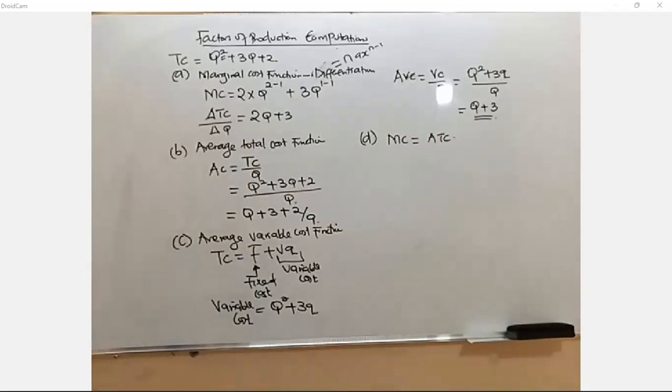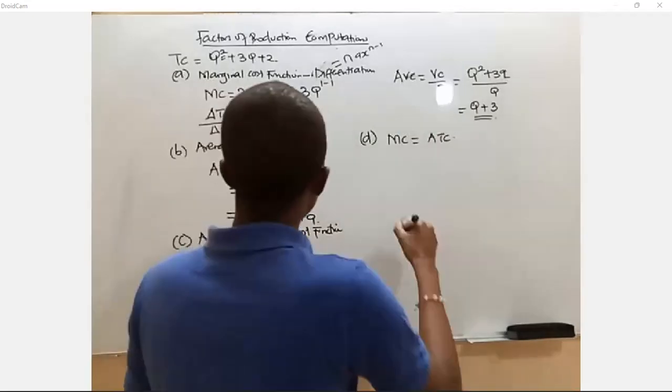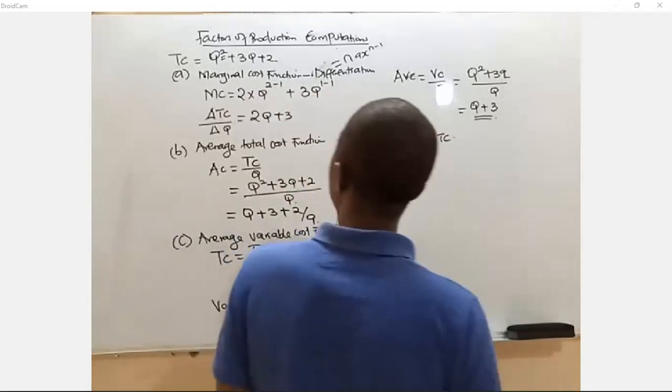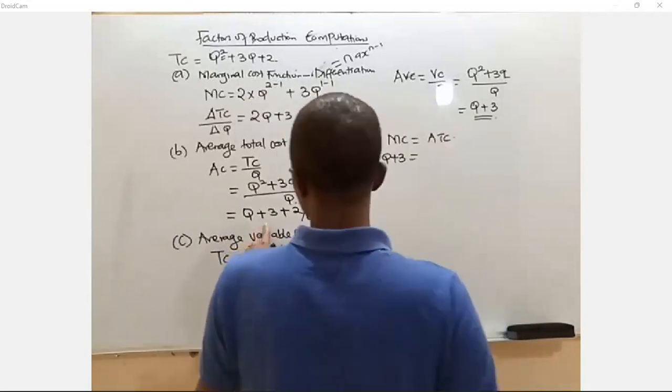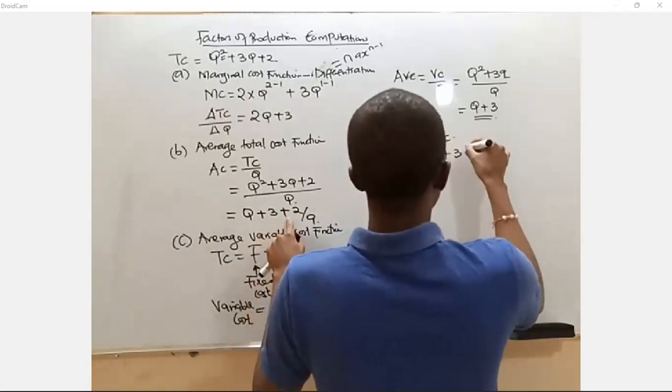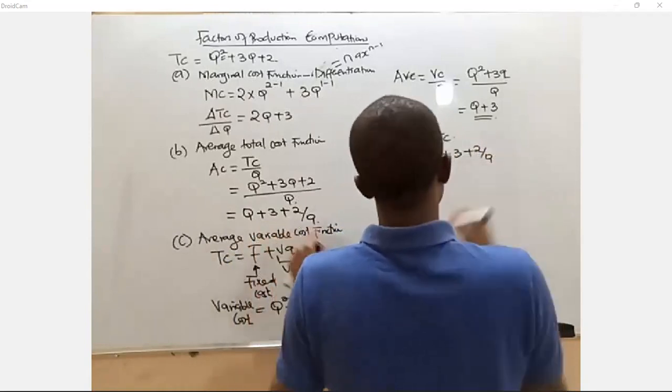What is the formula for the marginal cost function? I was able to get 2Q plus 3, which should be equal to the average total cost function, which we have already gotten, Q plus 3 plus 2 over Q.